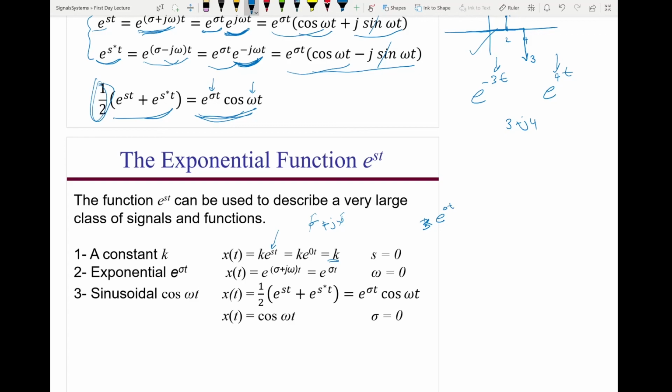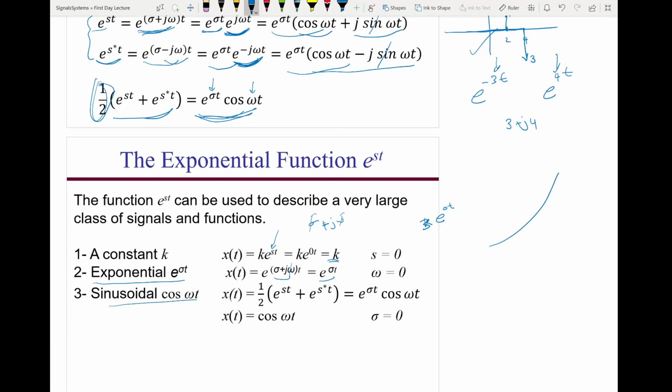That means a DC voltage doesn't oscillate, omega is 0, and it doesn't decay, sigma is 0. If I want to just generate an exponential signal, then I make omega 0. It doesn't oscillate, it's just exponential, either decay or grow. So then I get just sigma. If sigma is negative like -2, then it decays.